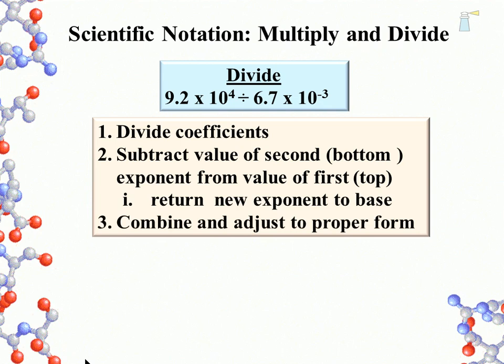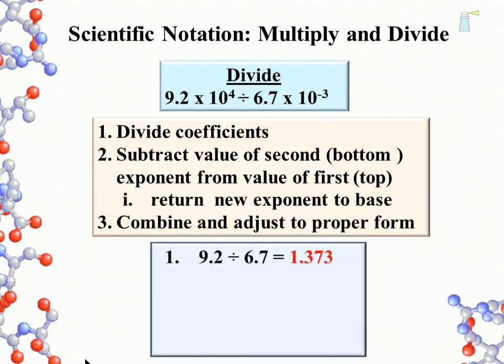Using the equation above, step 1, divide coefficients. 9.2 divided by 6.7, and that's going to equal 1.373. Step 2, subtract value of second exponent from value of first.